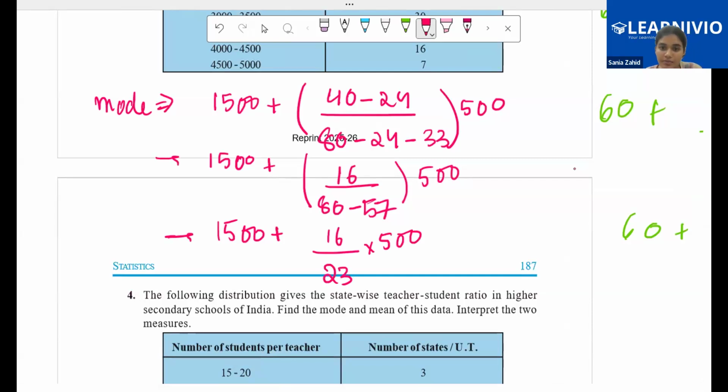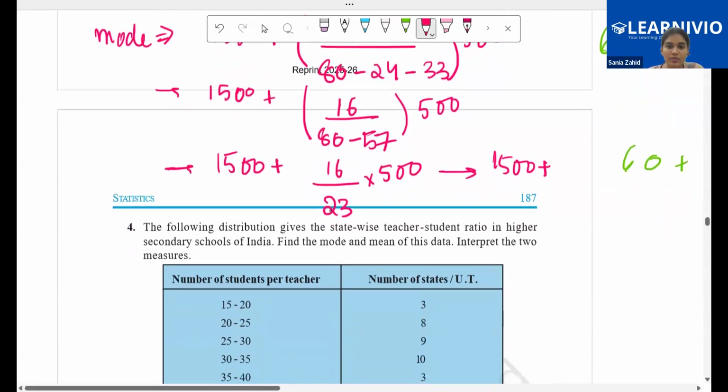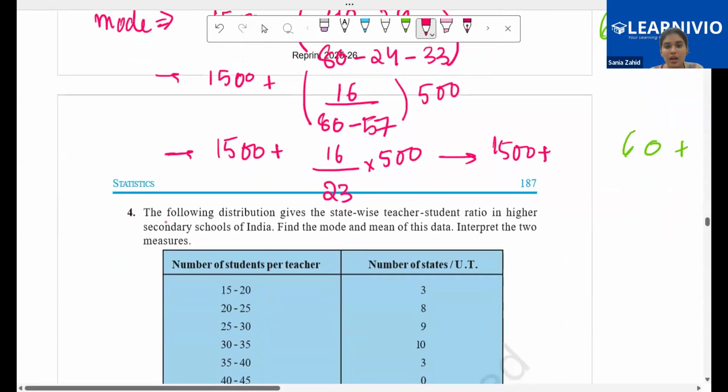So what is your answer? 2,100. Let's check. So 1,500 plus, if we consider this approximately 25, then 16 into 25.